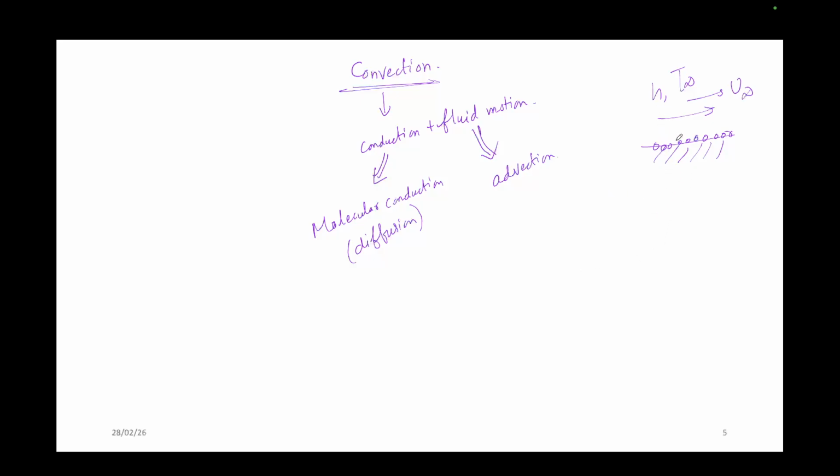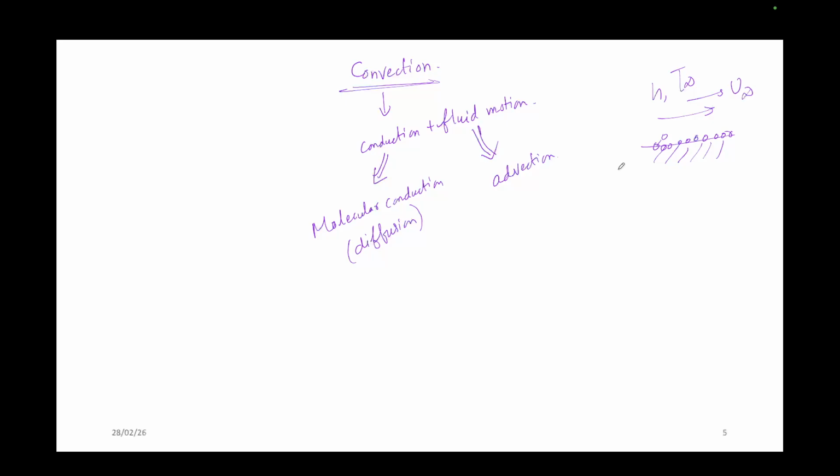So what will happen? Advection basically means here as the fluid is moving, this particle is transferring it to the next one and it is continuously moving. So in this motion it is taking up the heat. That type of heat transfer mode is known as convection. So it's a combined effect of conduction within the fluid and the fluid motion.